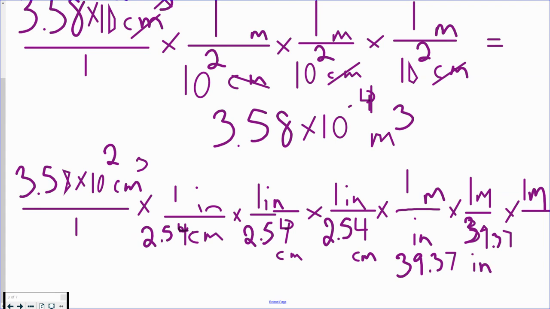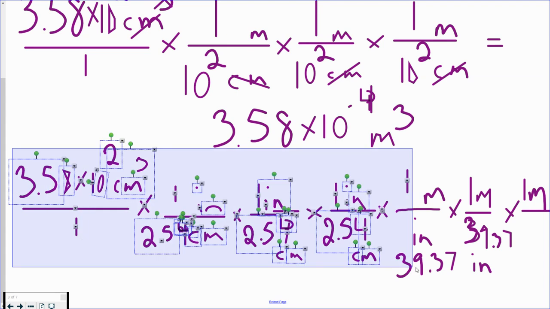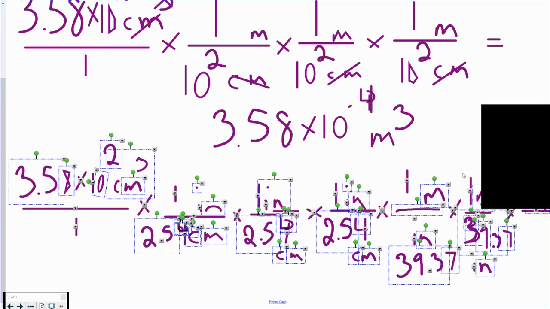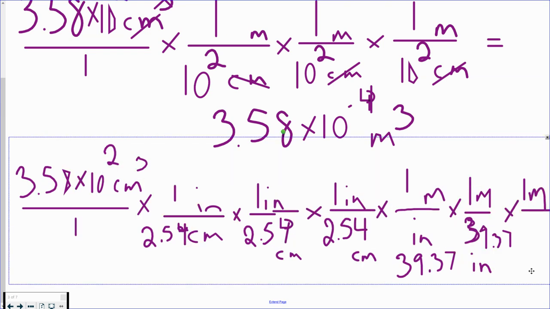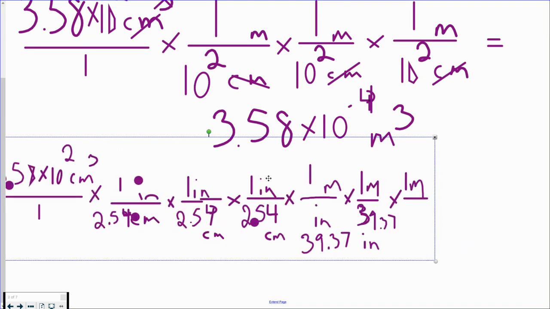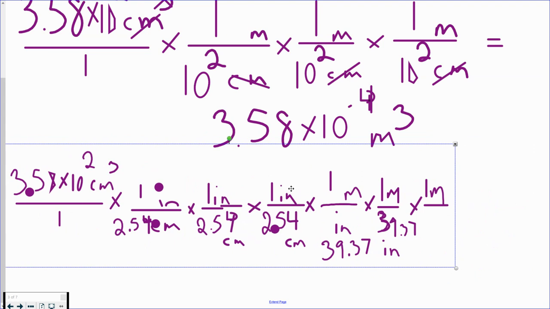I'm running out of room here. So I'm going to go ahead and use my nifty tool. I'm going to group these. I'm actually going to shrink it down a little bit, to give me more room.